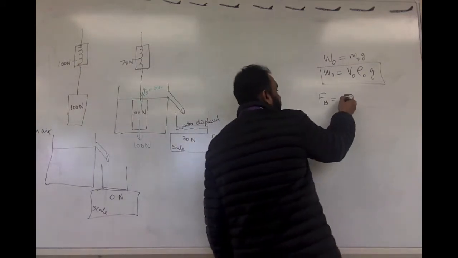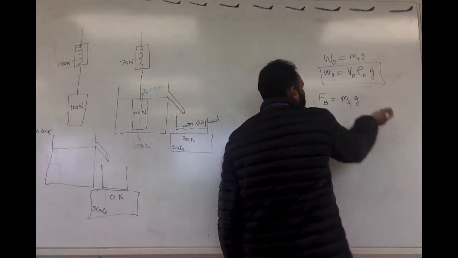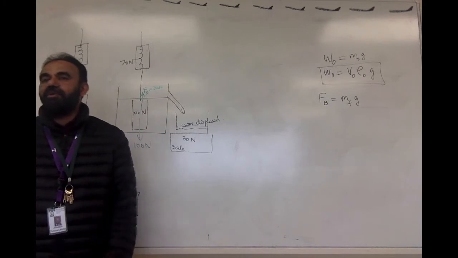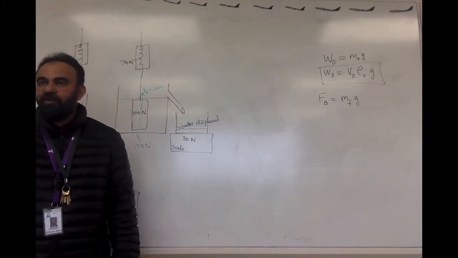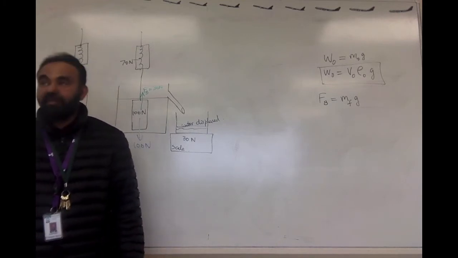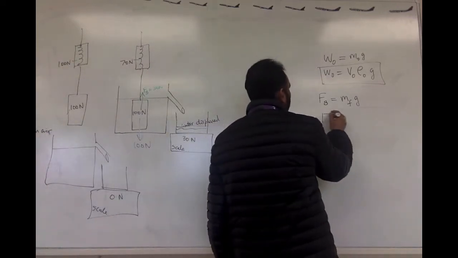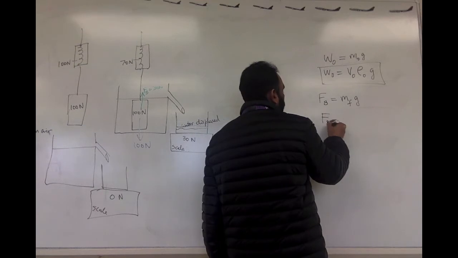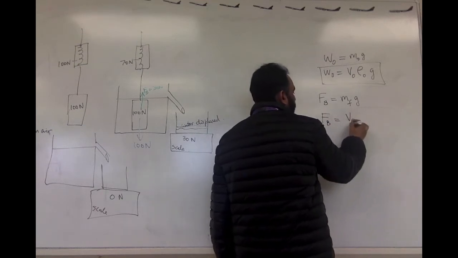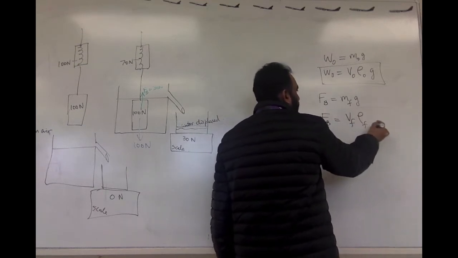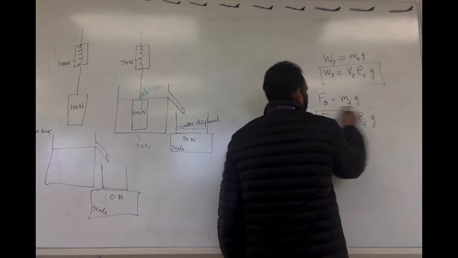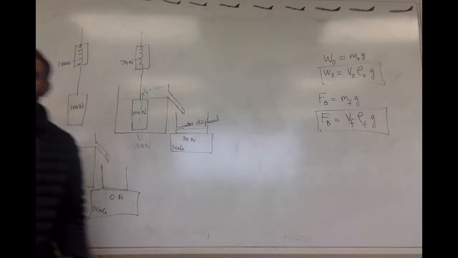Mass of the fluid displaced times gravity becomes the weight of the fluid displaced. So buoyant force is volume of fluid displaced times density of fluid displaced times gravity. There it is: the two prime equations.